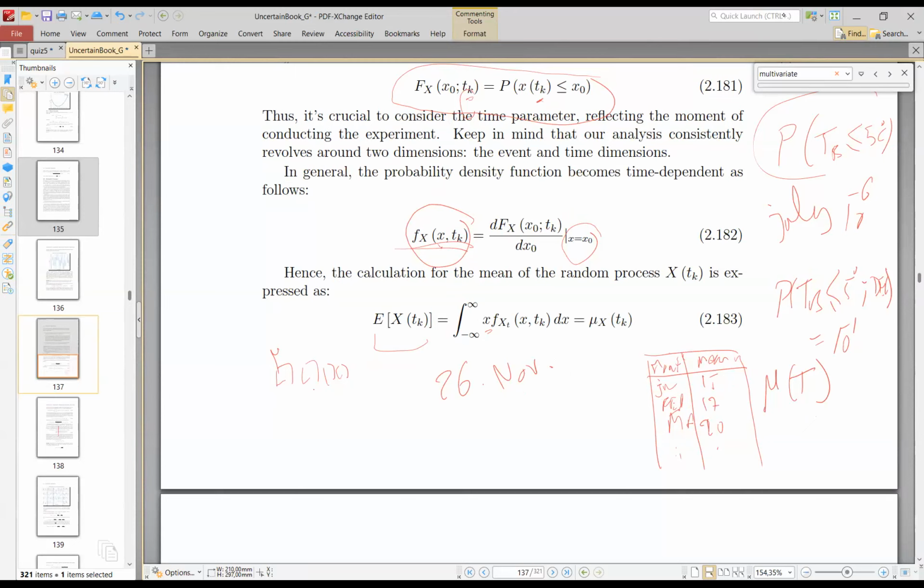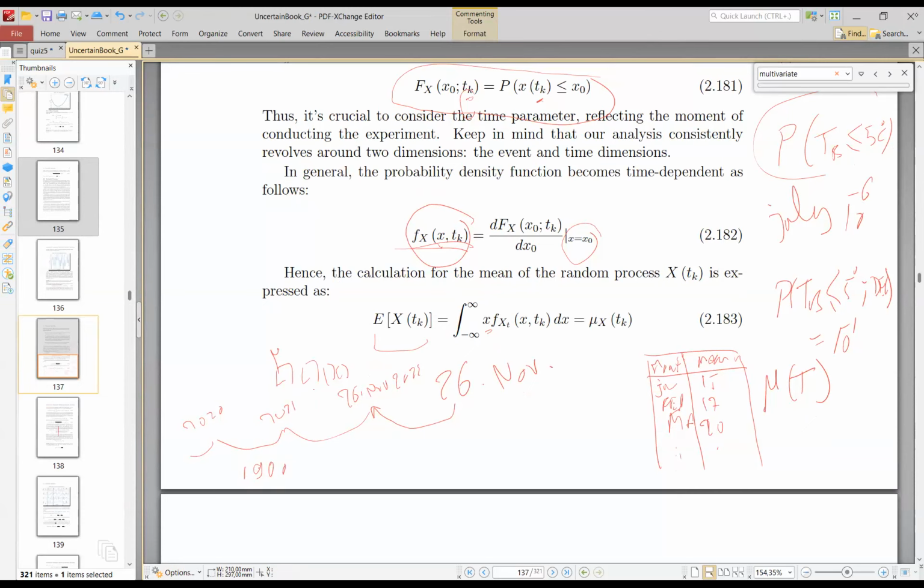To find that, and you want to have a reliable and good approximation for the mean at the 26th of November, you need to go and check every 26th of November in the previous years. So the 26th of November 2022, 2021, 2020, and we go back maybe until, let's say, 1900 if we have records.